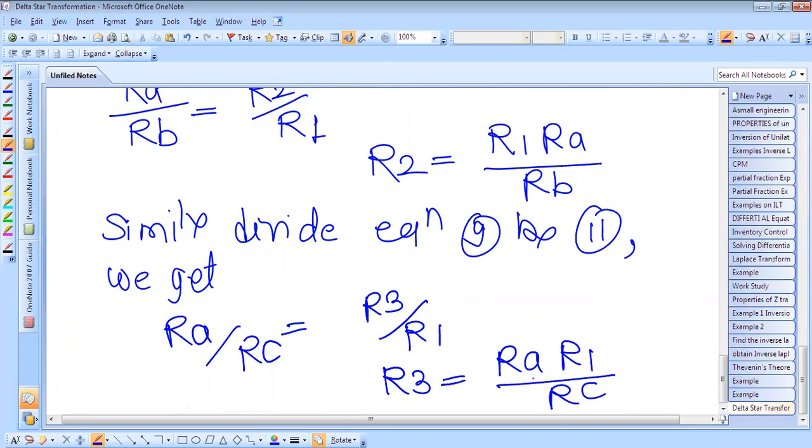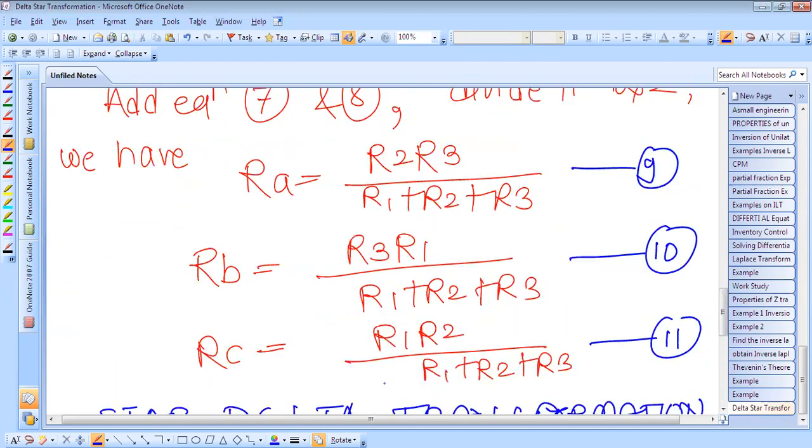Similarly, substituting for R2 and R3 in equation 9, we have to substitute these values of R2 and R3 in this equation.